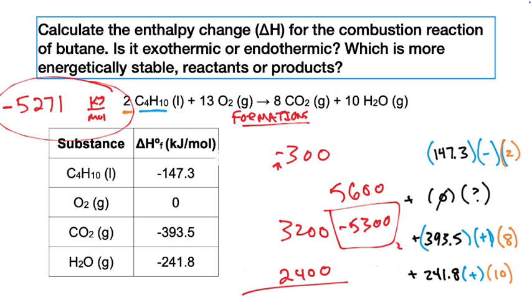I understand how she's getting 5,800 because she's flipping the signs for the products and then getting the sum of that, and then you have the sum of the products minus the sum of the reactants. So you have the reactant minus the sum, but she flipped the signs.